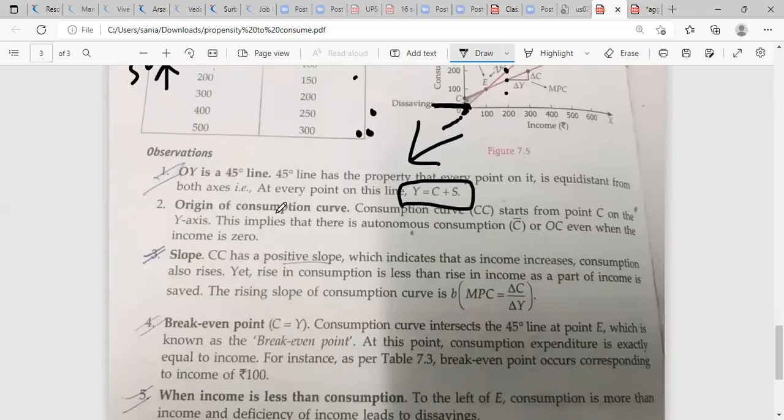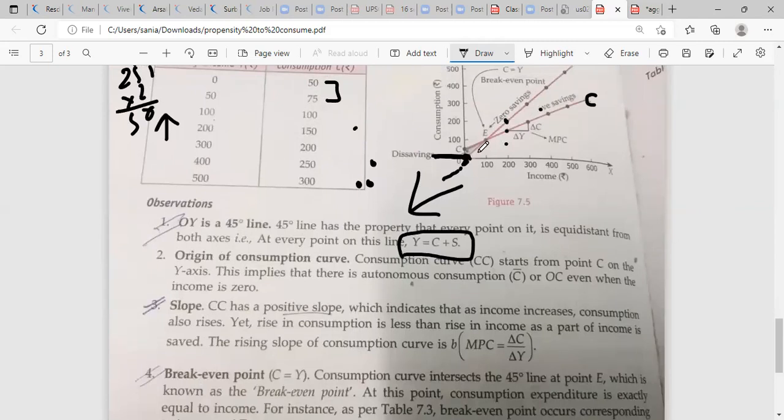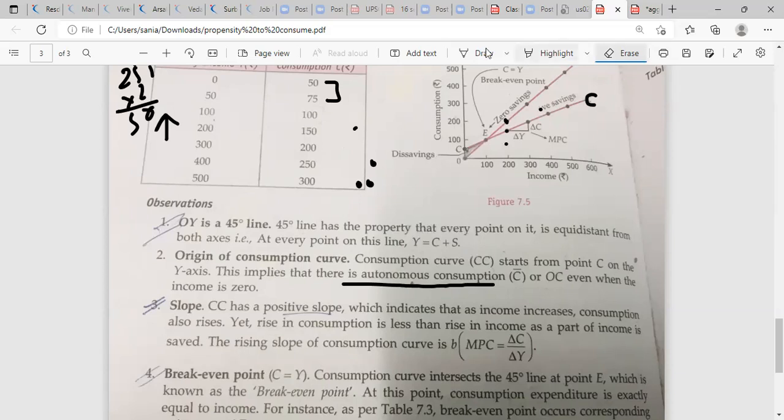Second, origin of consumption curve. You can see the consumption curve starts from point C. See, it is starting from here, right? On the Y-axis, that implies that there is an autonomous consumption. You can see there is a gap. Your consumption is not starting from zero.